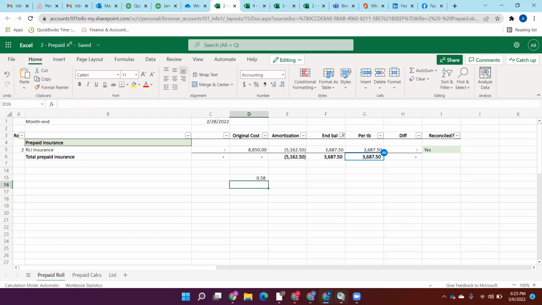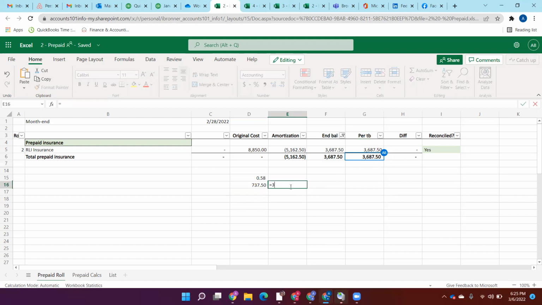Yeah, so they probably paid for the insurance like maybe September. And they're amortizing, what is 88.50 divided by 12? Yeah. So they're probably amortizing this 730, 750 monthly.